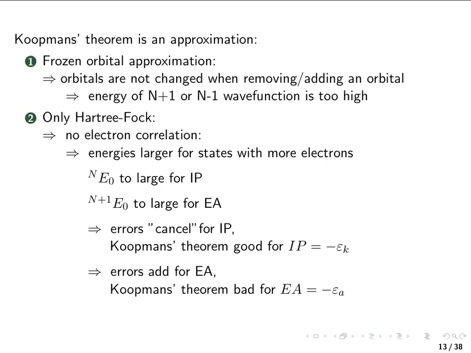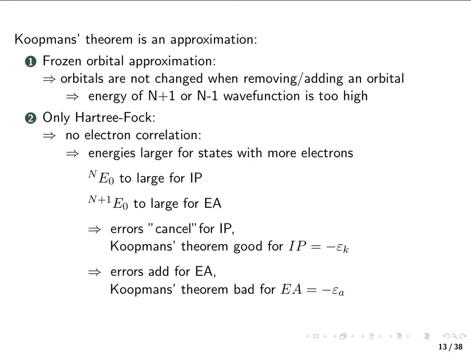Now, Koopmans' theorem, of course, is an approximation, and there are two reasons why it's an approximation. First of all, it's this frozen orbital approximation, which means that for the n+1 state in the case of the electron affinity and for the n-1 state in case of the ionization, we use just the same orbitals as we have obtained as eigenfunctions for the n electron system.